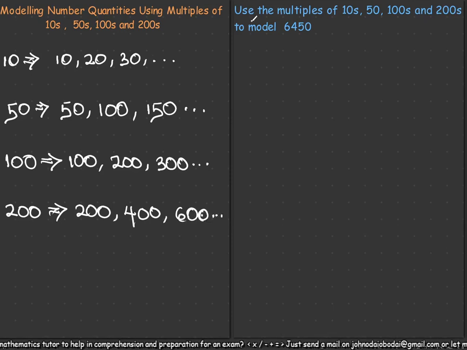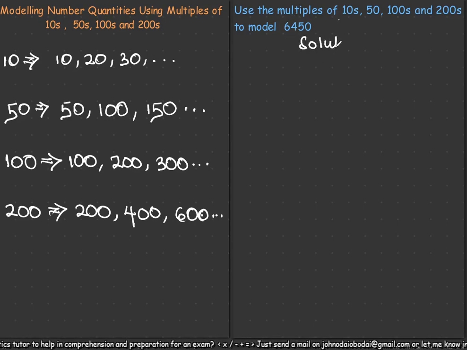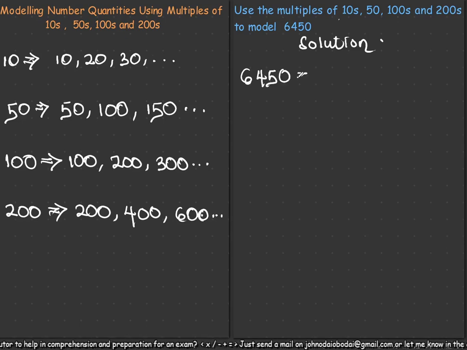Now, if we are to use the multiples of 10s, 50s, 100s, and 200s to rewrite a number, in this case we are looking at 6,450. How then do we go about it? For our number, 6,450, the first thing you need to do is to write your number in expanded form.